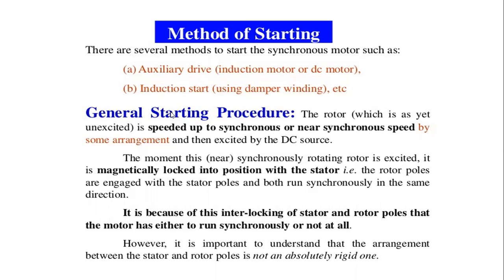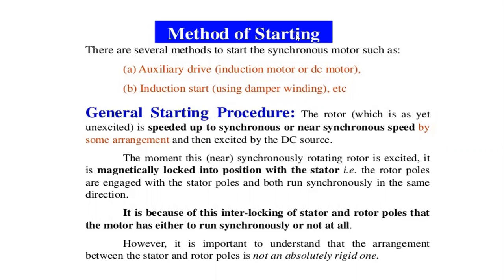Generally, the starting procedure is that the rotor, which is unexcited, is speeded up to synchronism or near the synchronous speed by some arrangement and then excited by the DC source. Why? Because we are considering the different starting methods. The synchronous motor is not a self-starting motor.